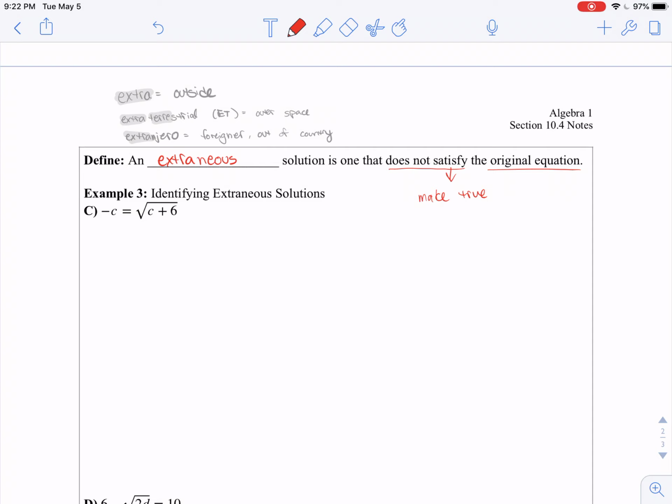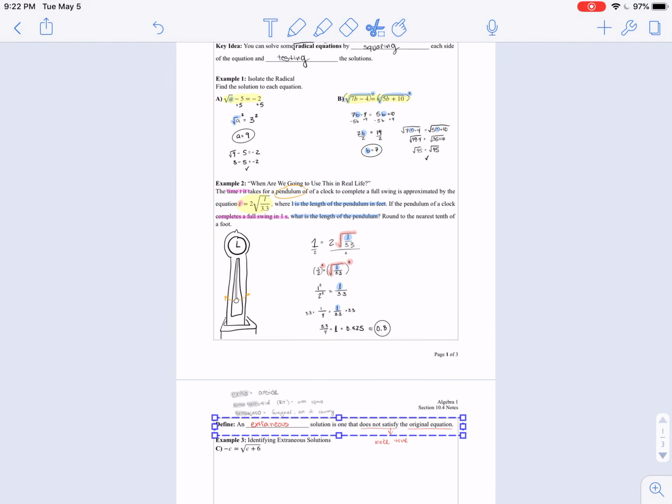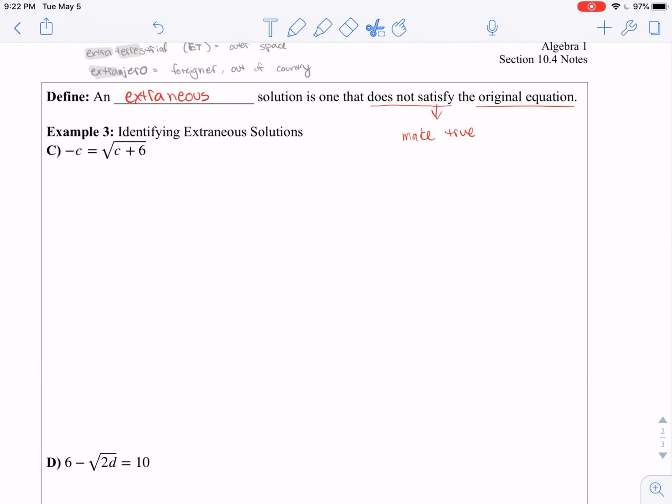And this is why we always substitute our solution into the original equation to check. This is why we check up here. This is why we always check all the time. We always check our answers. So now, more than ever, make sure you check your solution.